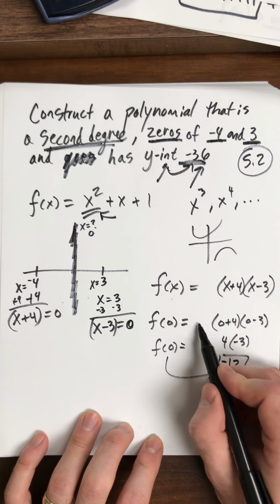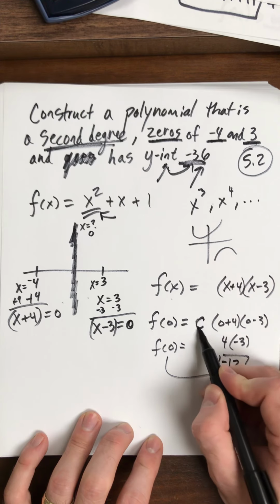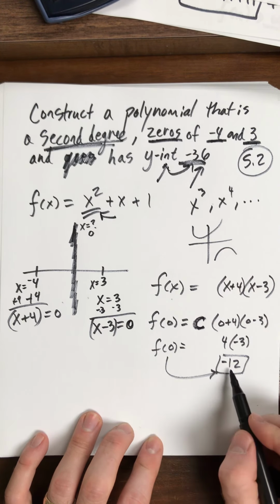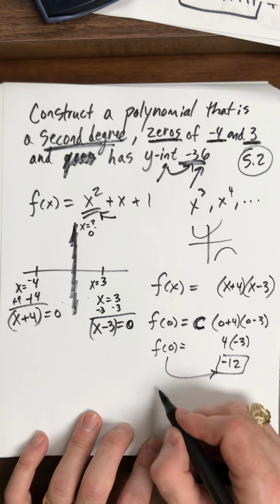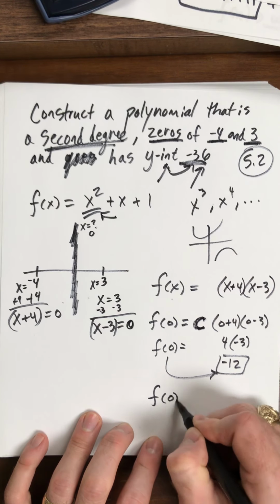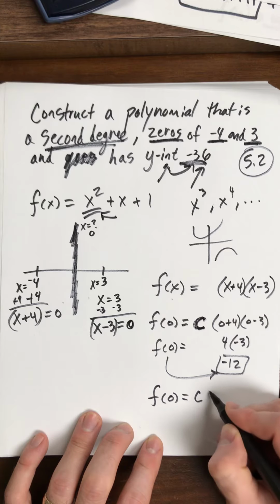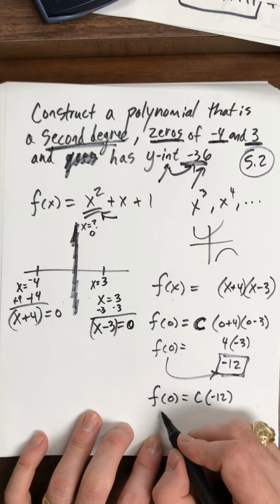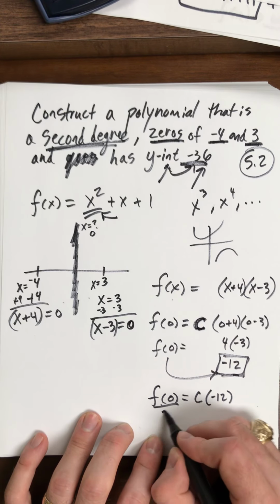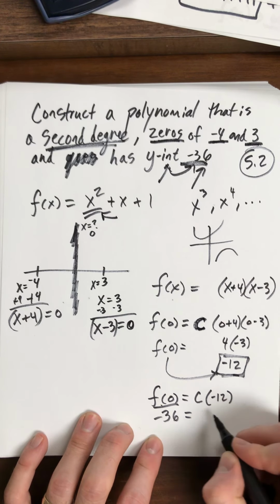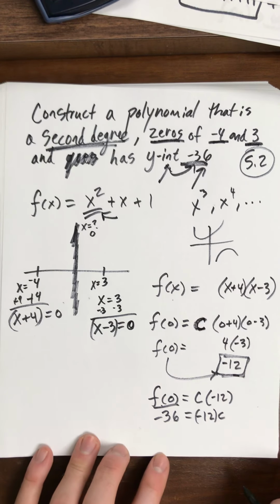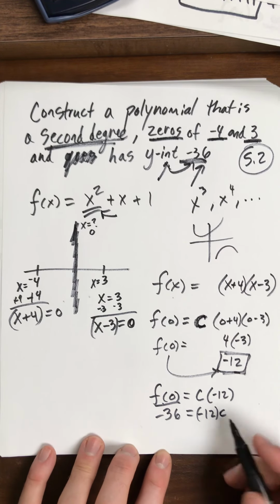So I've got to multiply this by something, call it constant c, so that whenever I run through my scenario here, I get c times -12, which is this part here, equals what? What did I want it to be? -36.